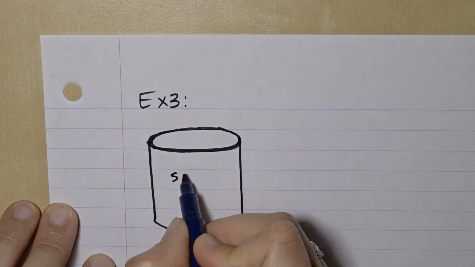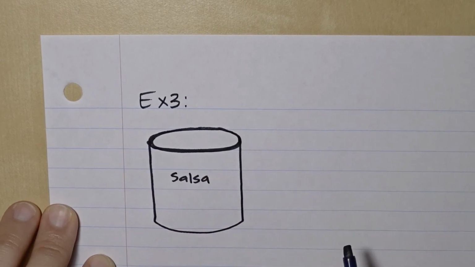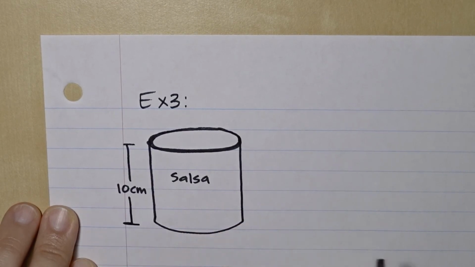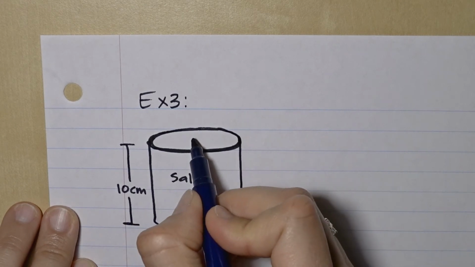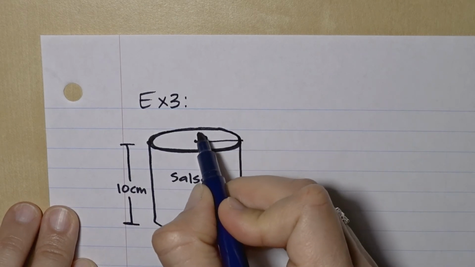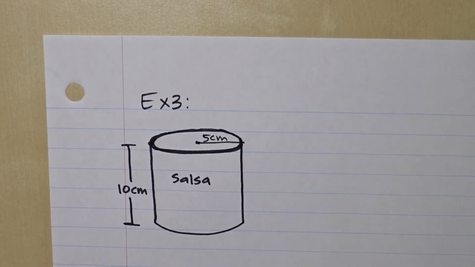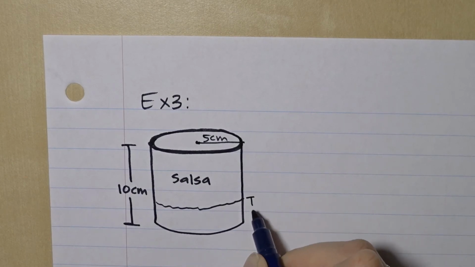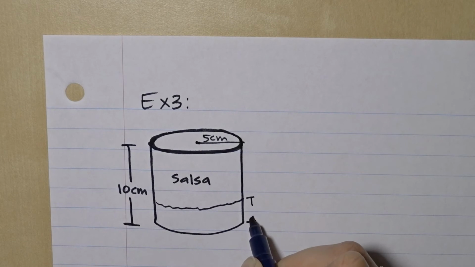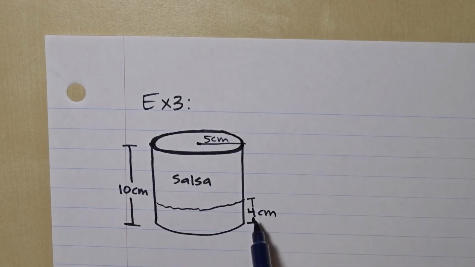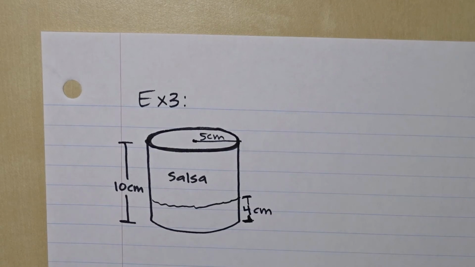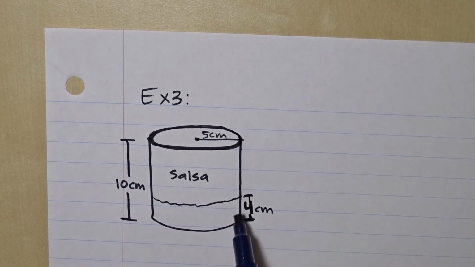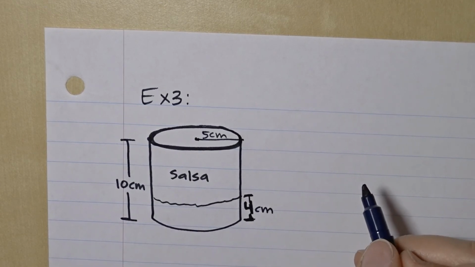It's 10 centimeters in height, and it's 5 centimeters in the radius, and the salsa in the can that remains is 4 centimeters from here to here. Okay, so we have 4 centimeters of salsa left in the can. That's the height. And the question is asking how much salsa is missing from the jar.